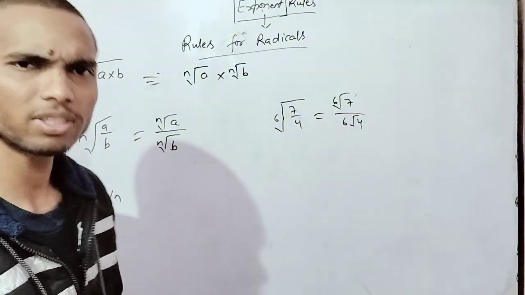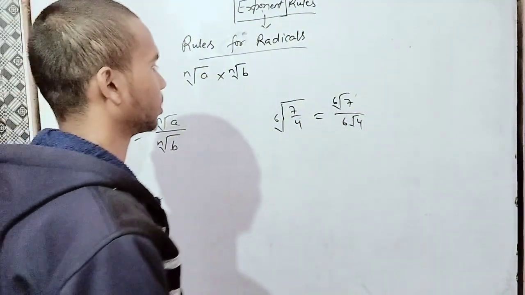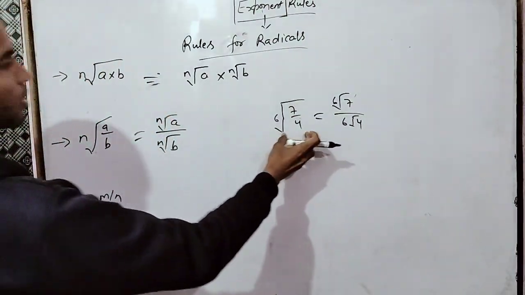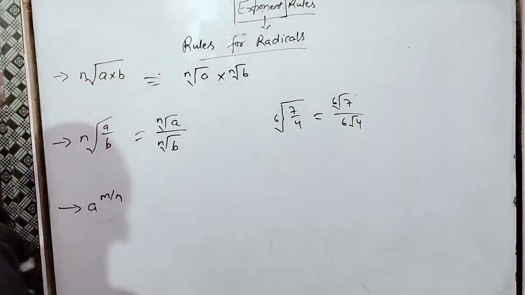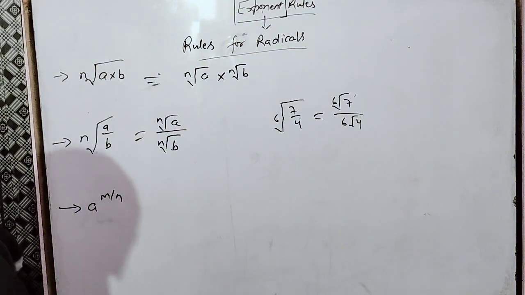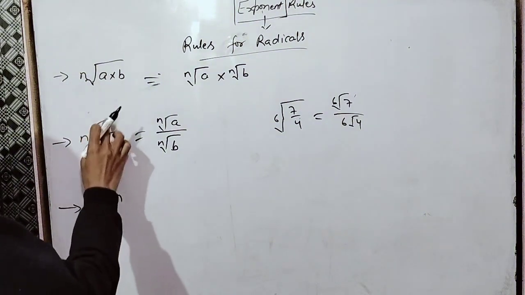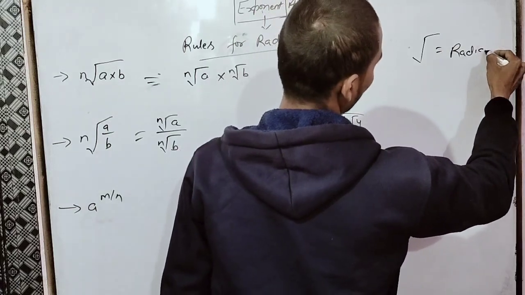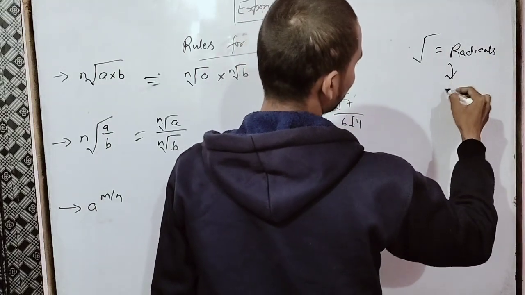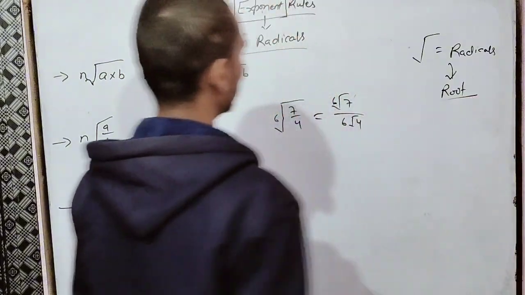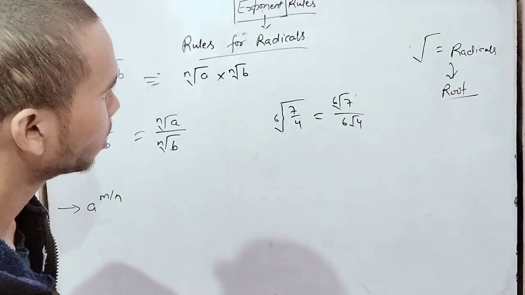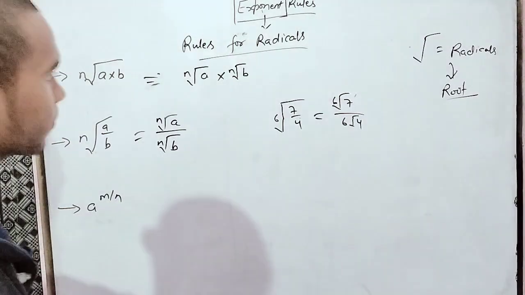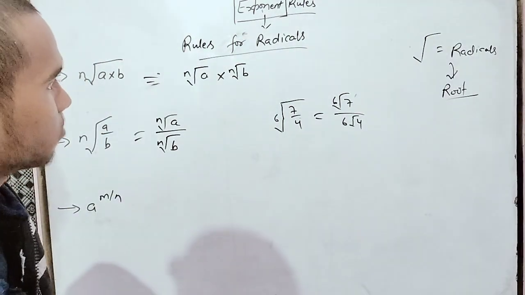The value of this and the value of this will be equal. So it is saying the value of this number can be written like that. Clear? These are rules for radicals. This is radicals, and it is also called a rule. Clear, brother? Okay. Till here we are clear.